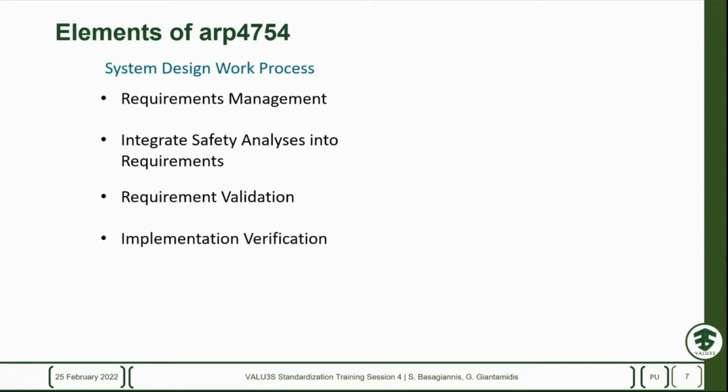So, diving in a little bit more, elements of the ARP 4754. We have defined the system design work process, which we consider as having a requirements management plan, where we try to flow down the safety requirements, at least to the best of our understanding, to a series of low-level requirements, or maybe I would say to the block of the architecture that controls a series of low-level requirements connected to this item.